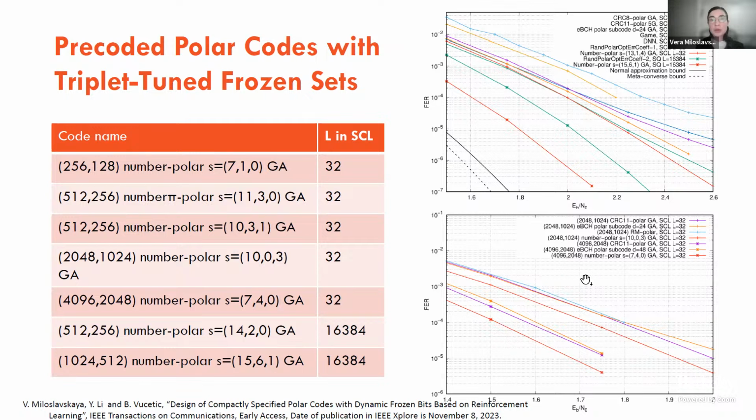Okay, so those codes can outperform LDPC codes. I would say that, as always, the question is in the trade-off between the frame error rate and decoding complexity. So, for example, for a code of length like 1,000, I have a curve for list size 32. Here it is. And here is the curve for list size 16,000.